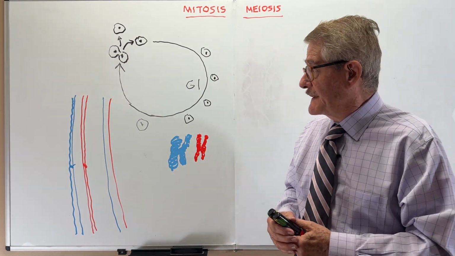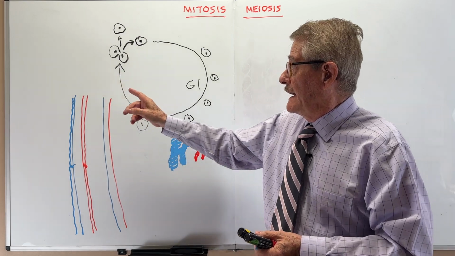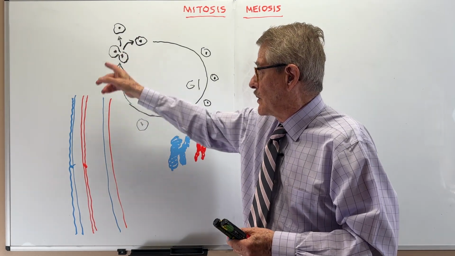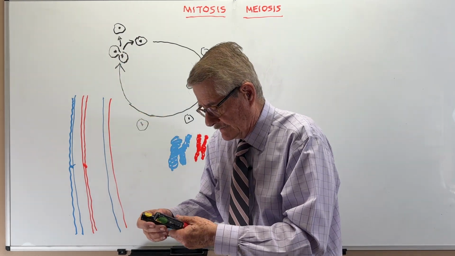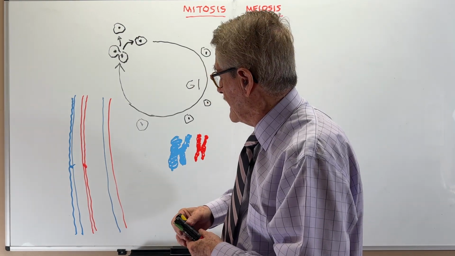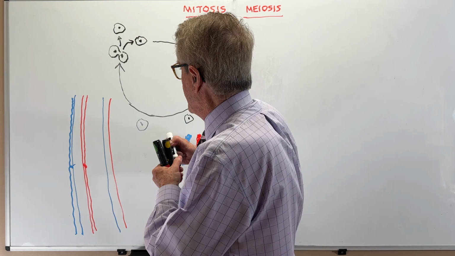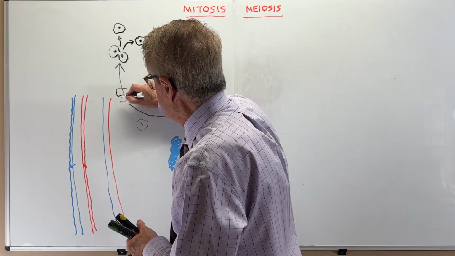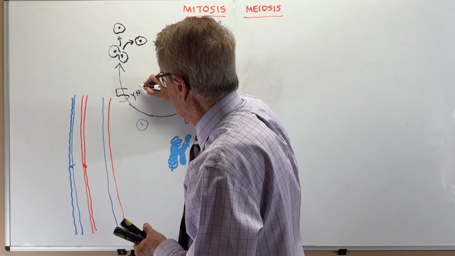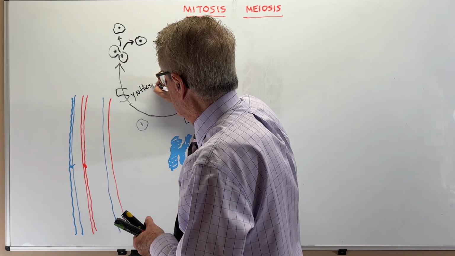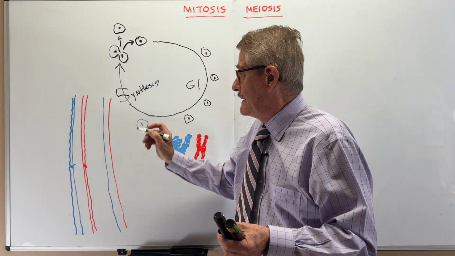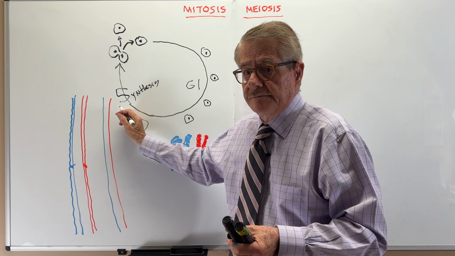Now, the process of cell division goes as follows. At the beginning, we have a first phase, which we call the S phase, which is the synthesis of DNA.